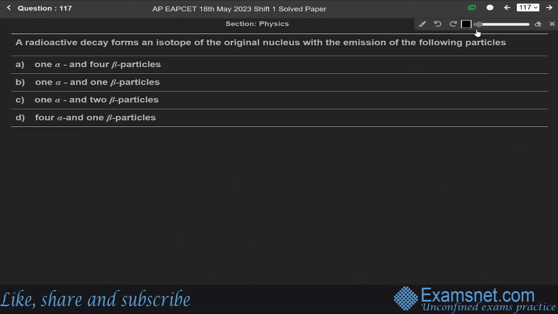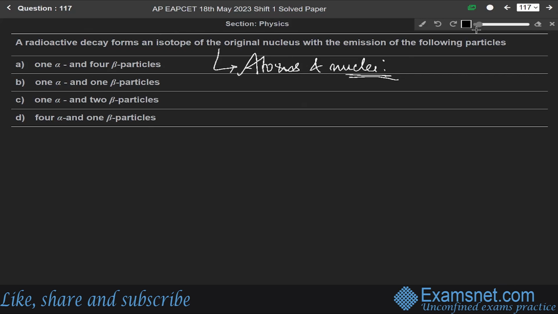Now next question 117. A radioactive decay forms an isotope of the original nucleus with the emission of the following particles. This question is again from the chapter of atoms and nuclei. The question is asking about the radioactive decay that forms an isotope of the original nucleus with emission of the following.